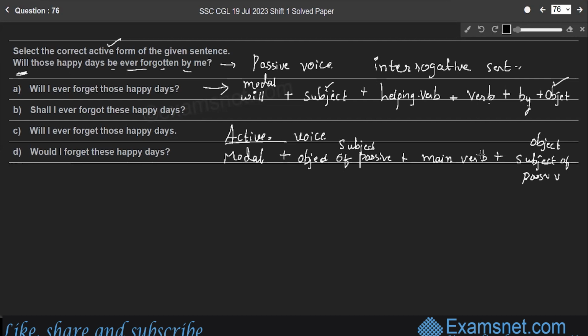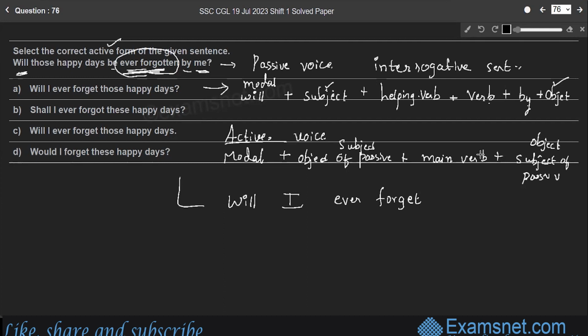Therefore, the active voice form of the given sentence starts with modal, which is will. Here the subject of active voice is I. So will I ever forget is the main verb. Whereas in the passive voice, it was ever forgotten, the past participle of the verb forget, right?